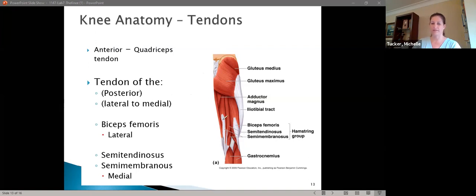And then on the medial side, we have a very large tendon, that's how semitendinosus gets its name, and then semimembranosus has a tendon that helps to stabilize the joint as well. So the knee is also heavily stabilized by tendons of the hamstrings group.